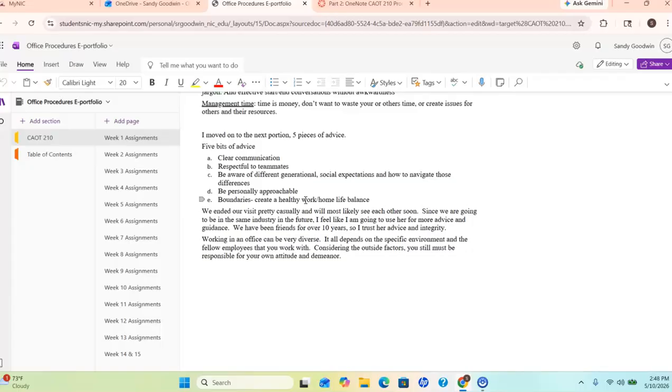We are going to be working in the same industry, even though she's at the courthouse and I would hopefully be working at a local law firm. I also currently work in an office, so I can understand all of her advice because I would probably say the same thing after working in an office setting.